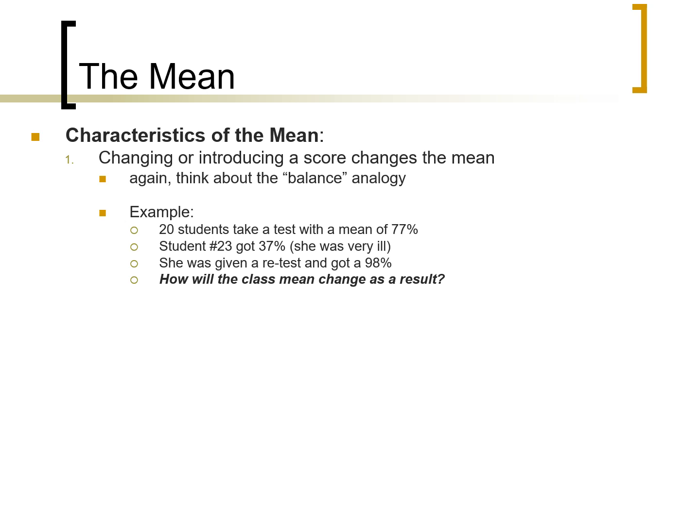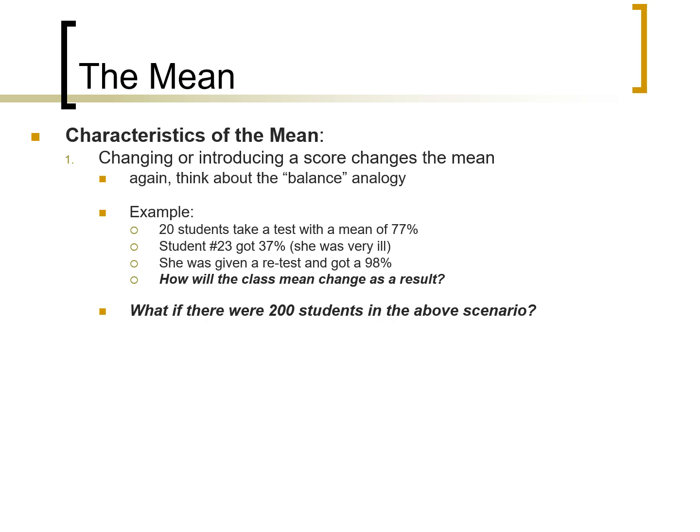So for example, if we have 20 students and the mean is 77%, but student number 23 got a very low score because she was sick, and getting a retest replaces one score out of these 20 from a 37 to a 98. How will the class mean change? Well, take a low score, change it with a really high score relative to the average, and that average is going to go up.